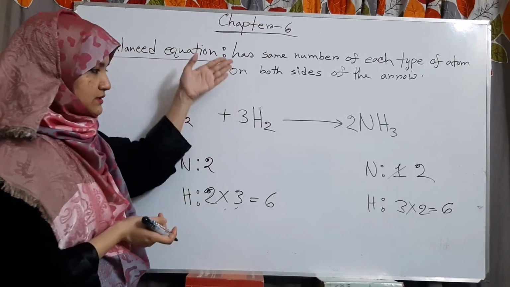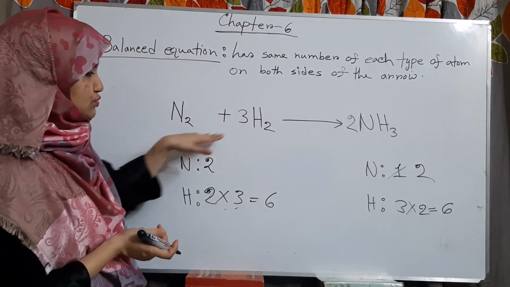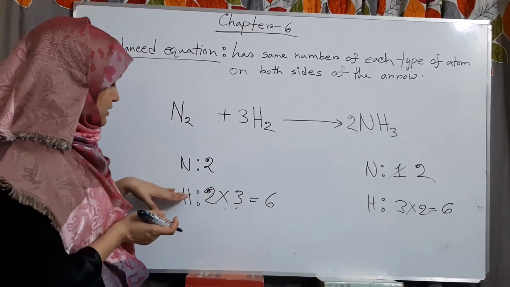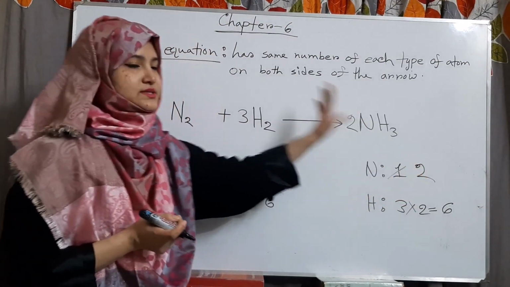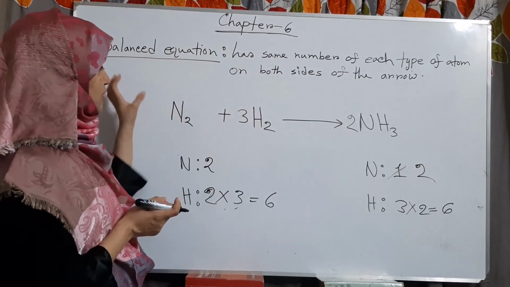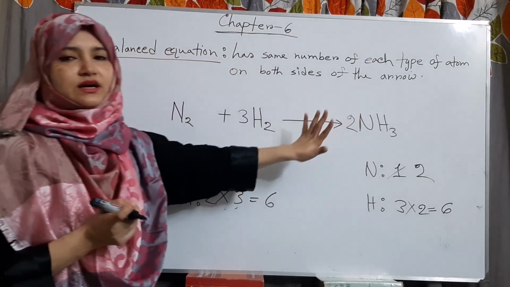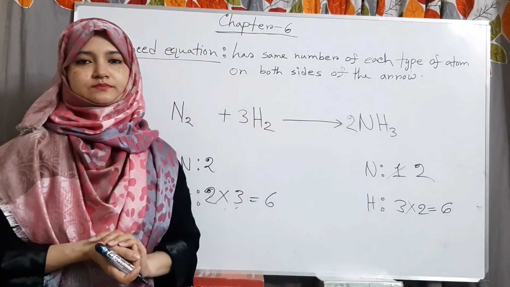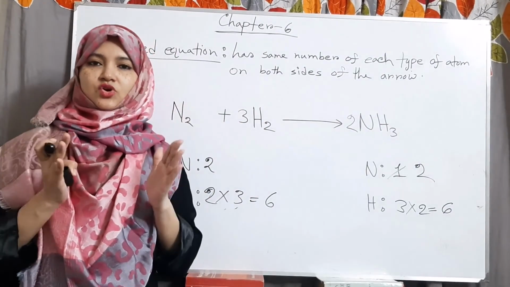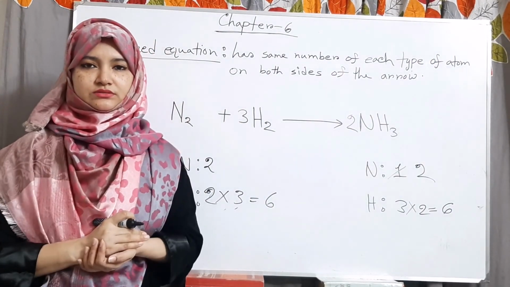Now look at this chart: nitrogen 2 and 2, balanced; hydrogen 6 and 6, balanced. The total numbers on the left side and right side are equal, and this is called the balanced equation.